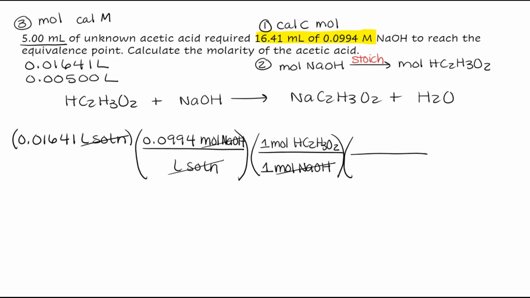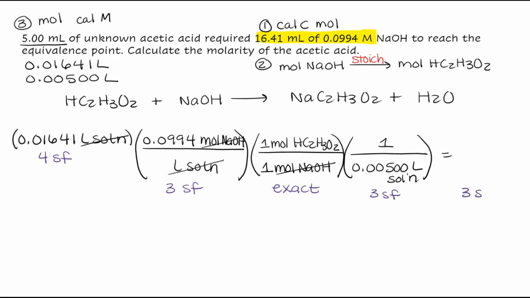And then this last step will apply in a similar way to our previous example, 1 over the acetic acid volume, which is 0.00500 liters of solution. Taking a look at our sig figs before we do the calculation, we have 4 sig figs for our volume, 3 for our molarity, stoichiometry is always exact, and 3 sig figs for our other volume.